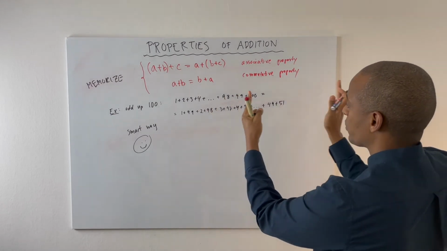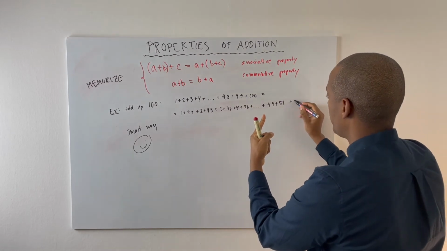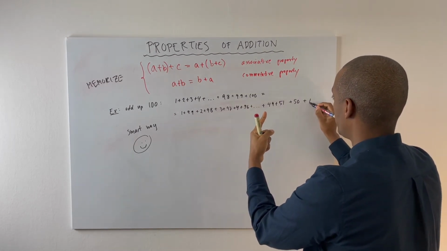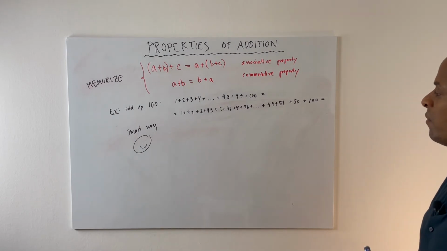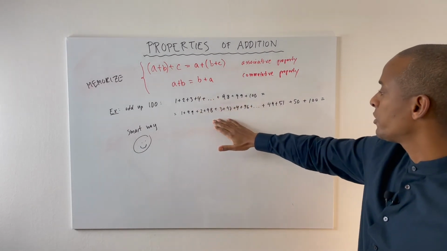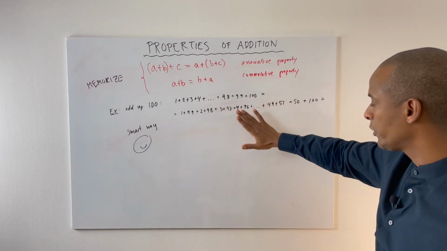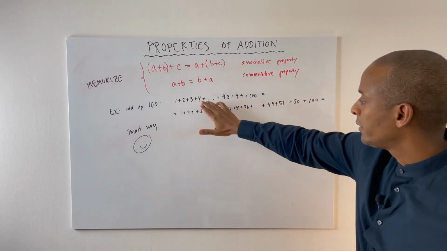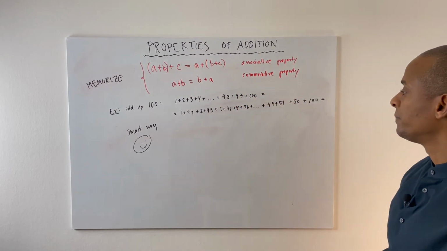That's going to be the last one, just around 50. And then we have the 50, and then we have the 100. So these are the same numbers written in another order, in a more convenient order. And the reason why we can do this is because of the commutative property.